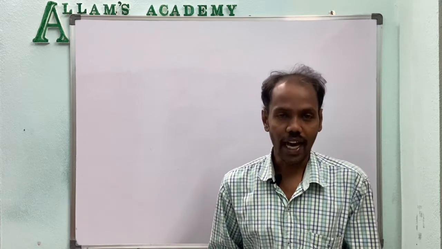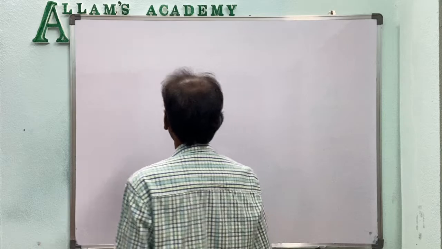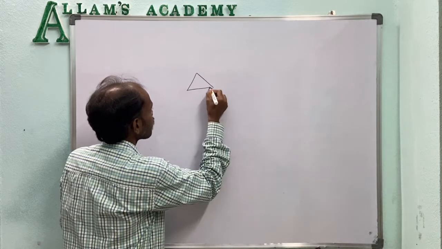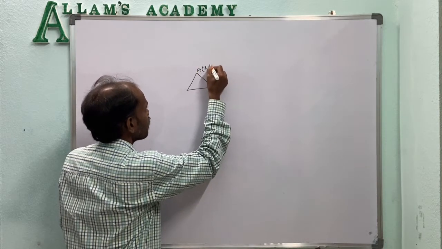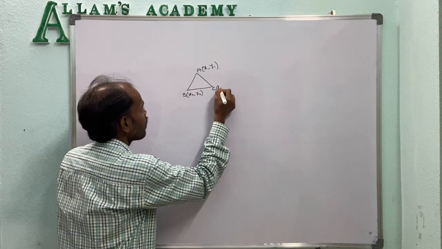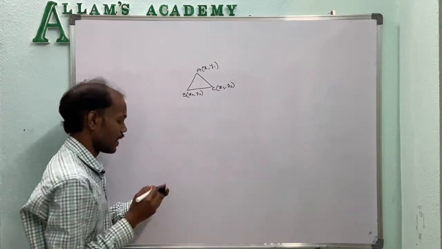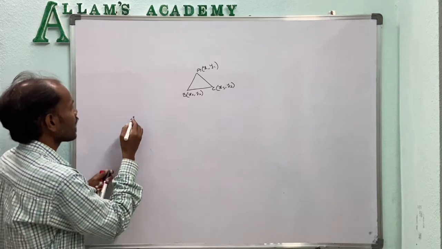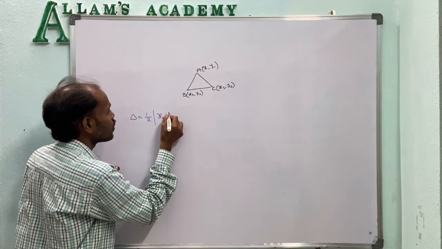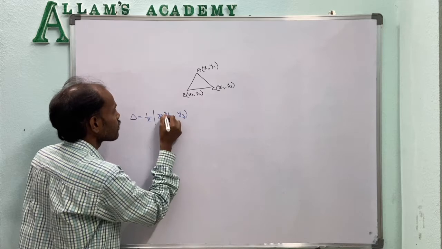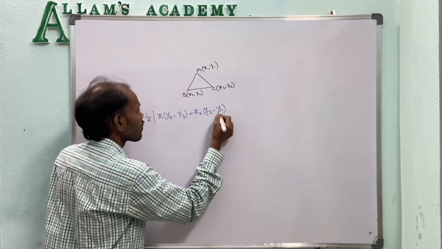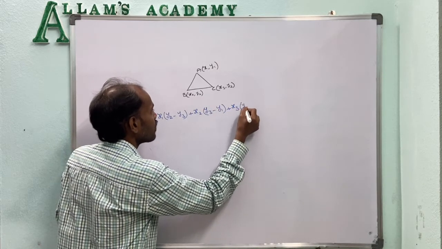Now today we see another new topic. For example, if the vertices of a triangle are given as A (x1, y1), B (x2, y2), C (x3, y3), then the area of the triangle is equal to half mod of x1 into (y2 minus y3) plus x2 into (y3 minus y1) plus x3 into (y1 minus y2).